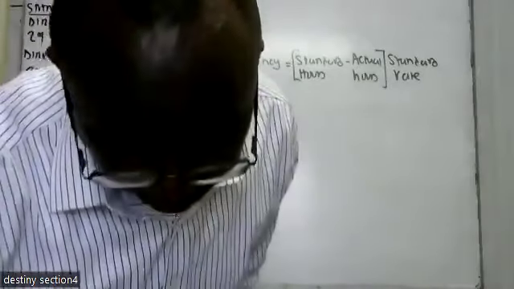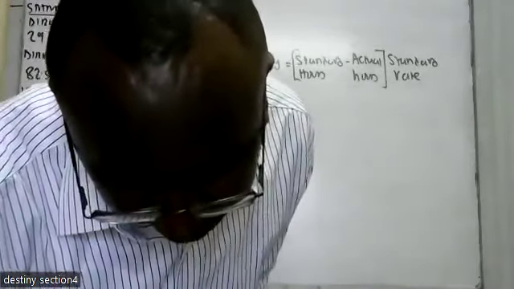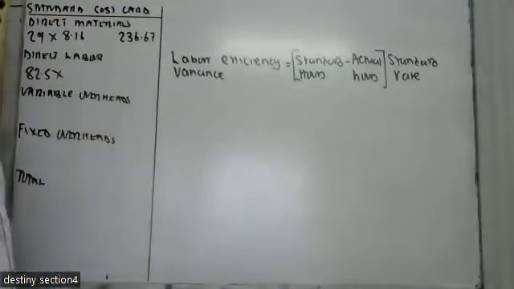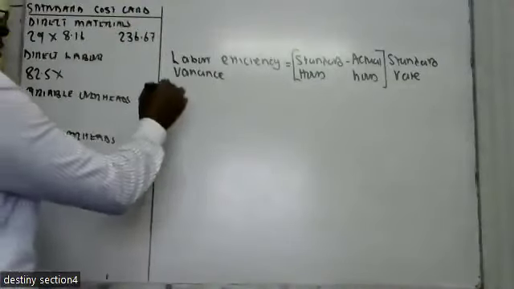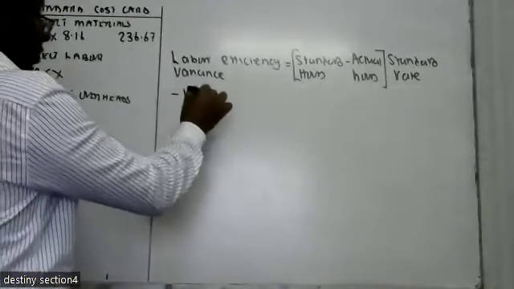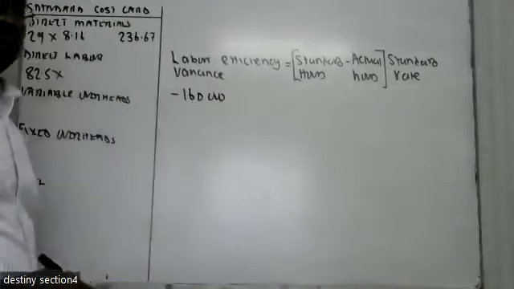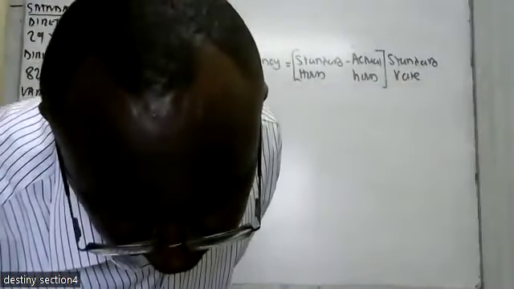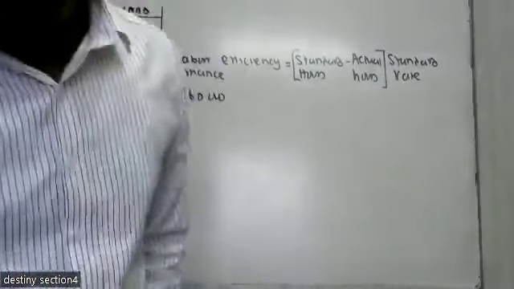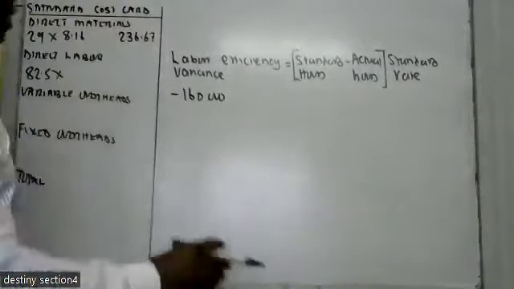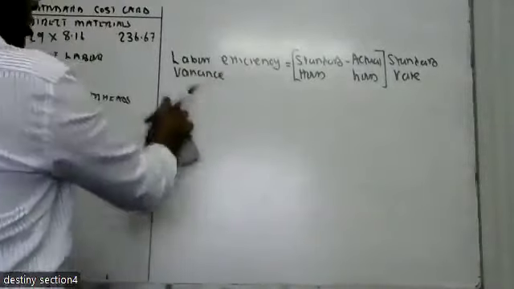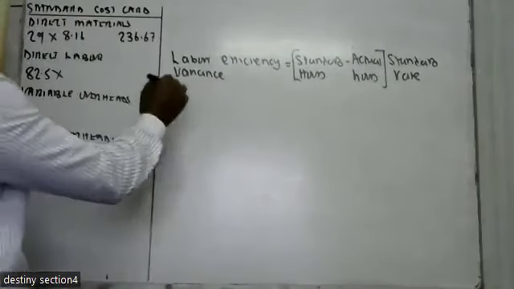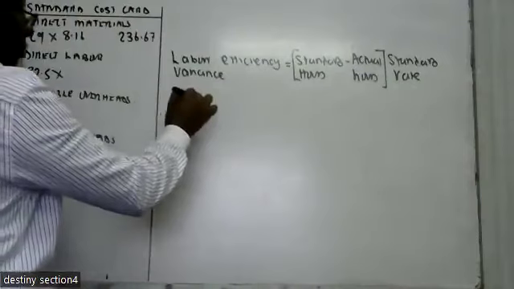When they say they had 160 adverse, it means the actual hours were more, so that is negative 160. Or is it 320 favorable? If it is 320 favorable, it means the actual hours were less, so it is mathematically positive 320.